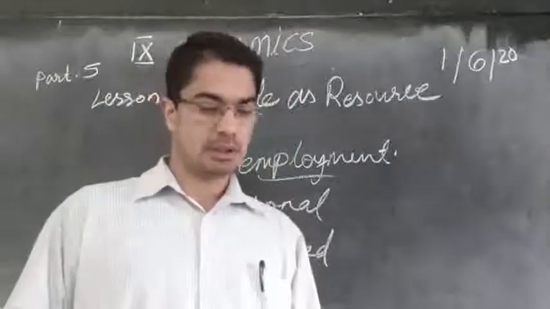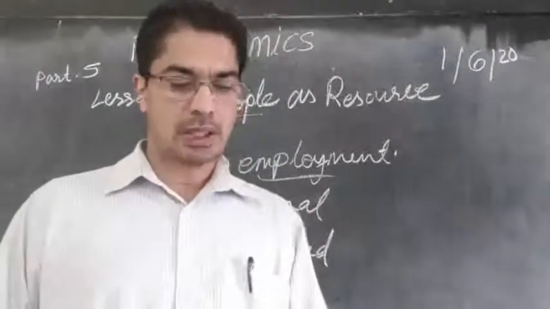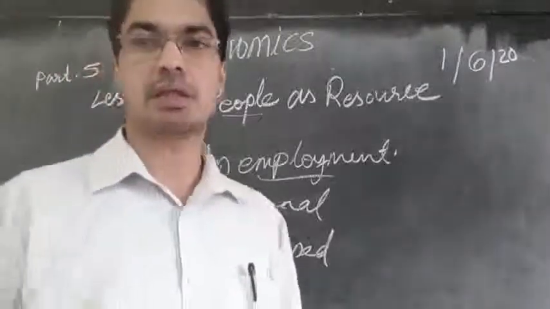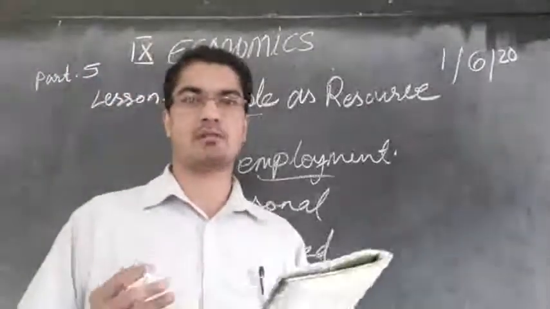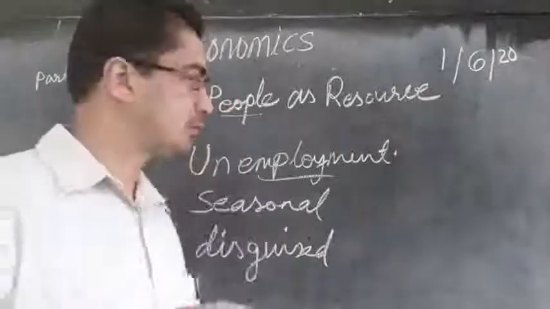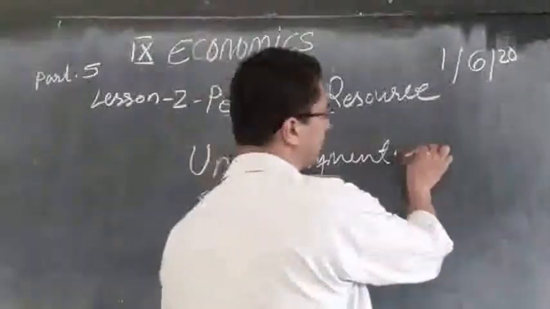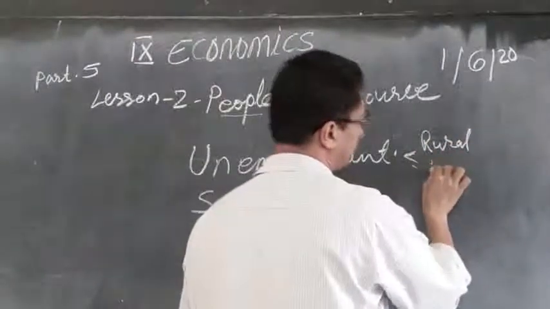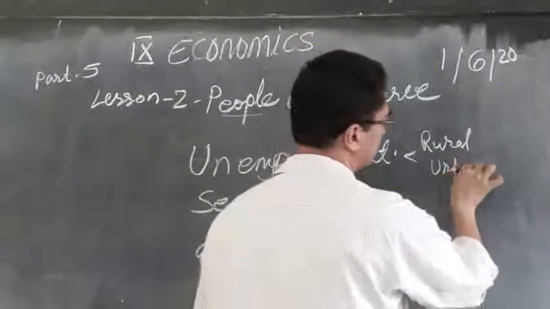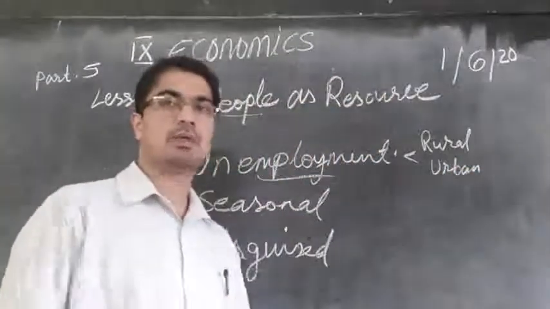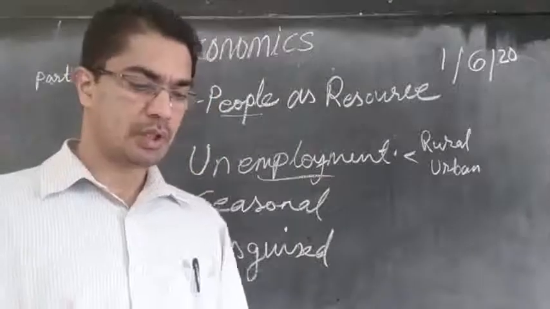So we said in case of India we have unemployment in rural and urban areas. So we will find different types of unemployment in rural and urban areas. In rural and urban areas we have unemployment.